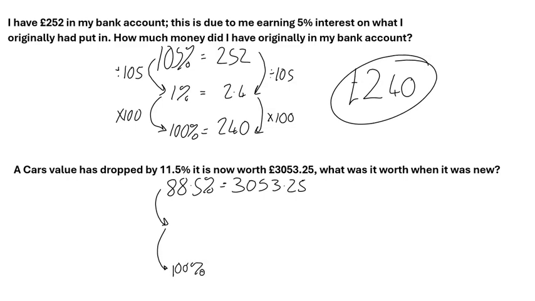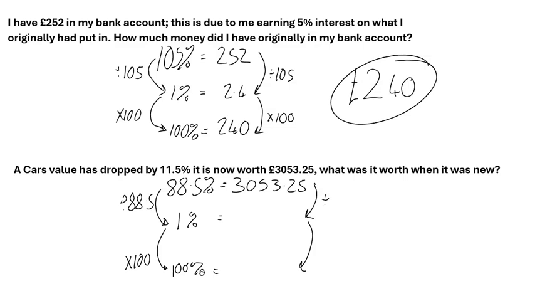Then comes the same standard set of steps. I want to get the original of 100%, so I'm going to scale to 1% in order to do it. Scaling to 1%, in this case, I'm going to divide by 88.5. Then I'm going to times my answer by 100. I'm going to do that to the right hand side as well.